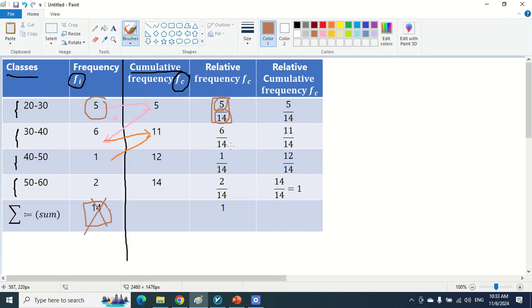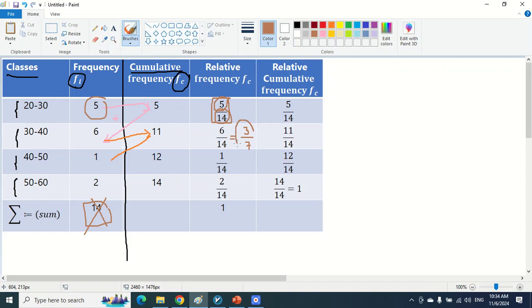Another problem that we have with relative frequency: we talked about the benefit of using relative frequency, but there are some weak points as well. For example, if you have 6 over 14, this 6 over 14 can be simplified as 3 over 7. So we have two types of notation over here. There is no difference between 6 over 14 and 3 over 7.